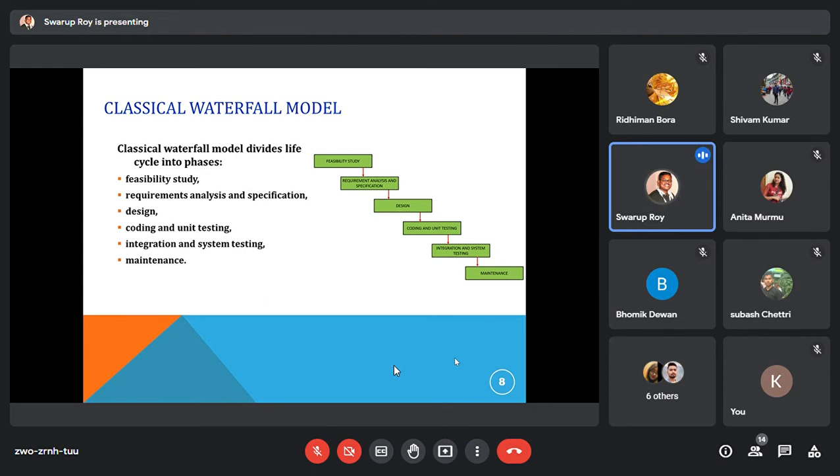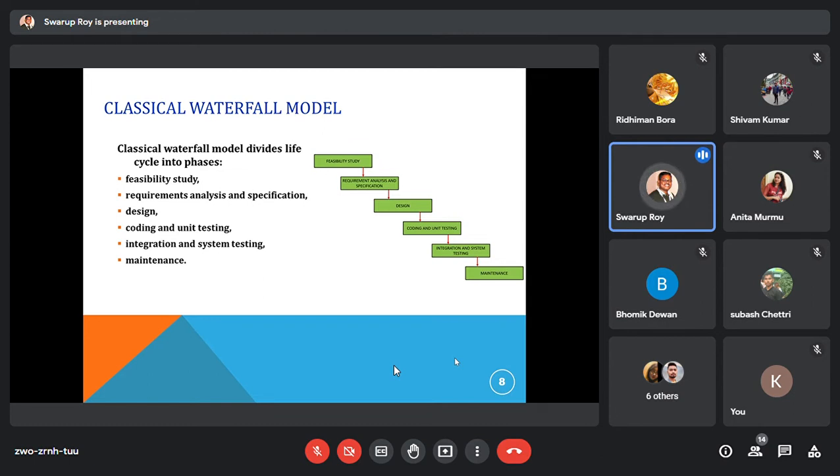These are step by step processes, one after the other. Once the feasibility study is completed, the requirement analysis and specification will start. After the requirement specification comes design, from design to coding and unit testing, then integration and system testing, and then maintenance.